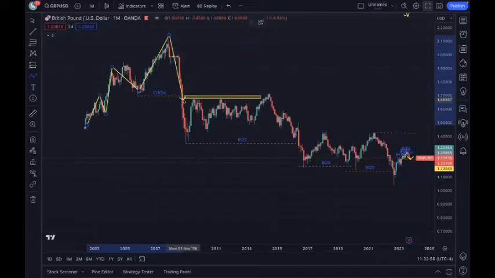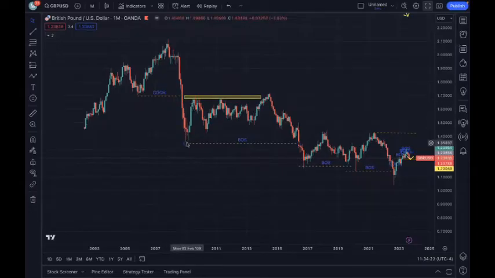This big red candle has broken and closed below here. Then we are waiting for a retest to continue that sell. Now she did the retest, creating liquidity here. I just want you to open your eyes and see what's happening.